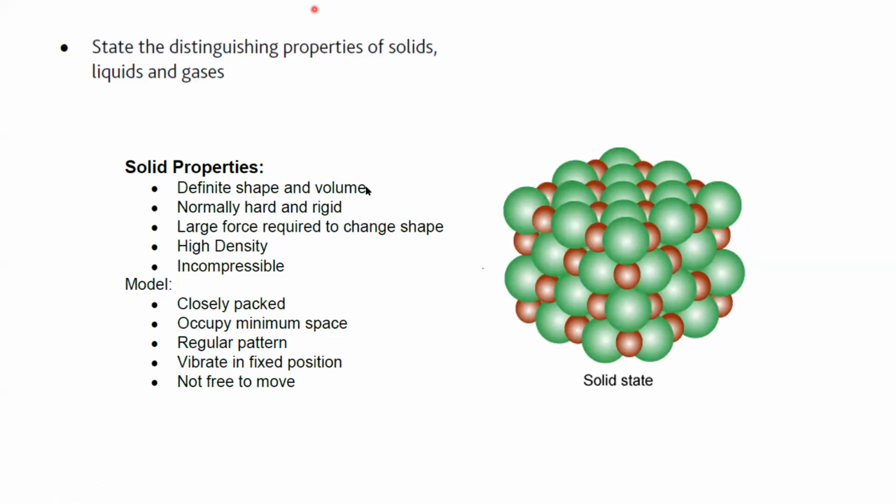To change the shape, a large force is required. For example, if I want to change the shape of this solid, I have to apply a large force so that I can change its shape. And they have high density. What is the meaning of high density? The term density means the number of particles present in a unit volume.